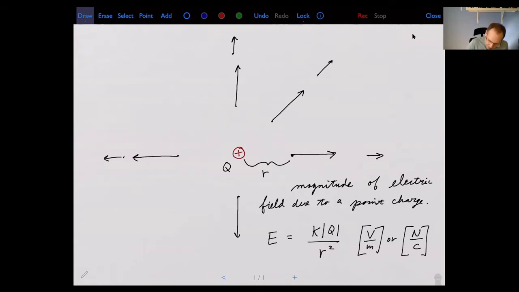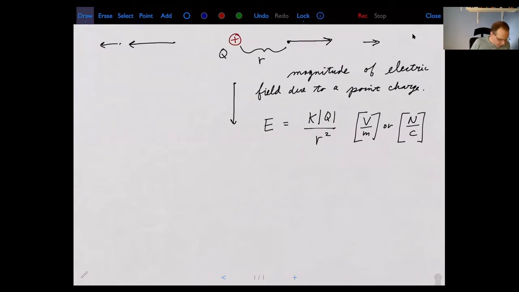Okay, so again, let me write out what these things represent. Q is the charge in coulombs.